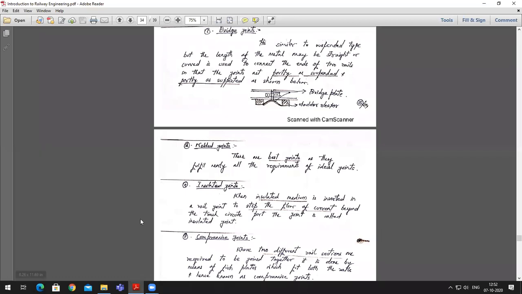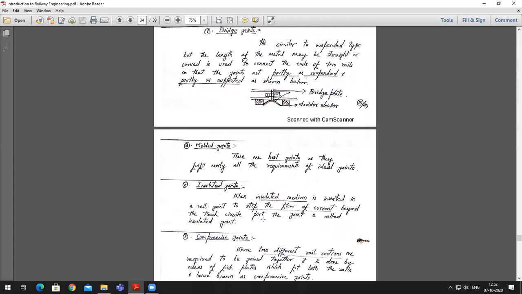Accidentally, if a person is crossing the railway track, or wild animals are crossing these tracks, because of such leakage of electricity they might get electrocuted. They might undergo a sudden shock, and people and animals might die. To avoid this, we insulate the joints.